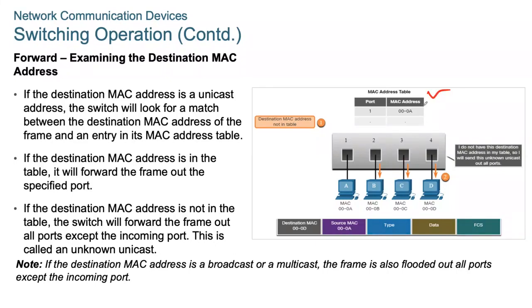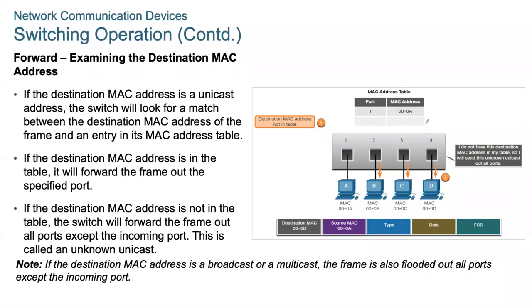If the destination MAC address is in this table, then it will forward that frame out to that specified port, whether it is port number 1, 2, 3 or 4. If the destination is not there in this MAC address table, then the switch will forward that frame out to all ports except the incoming port.